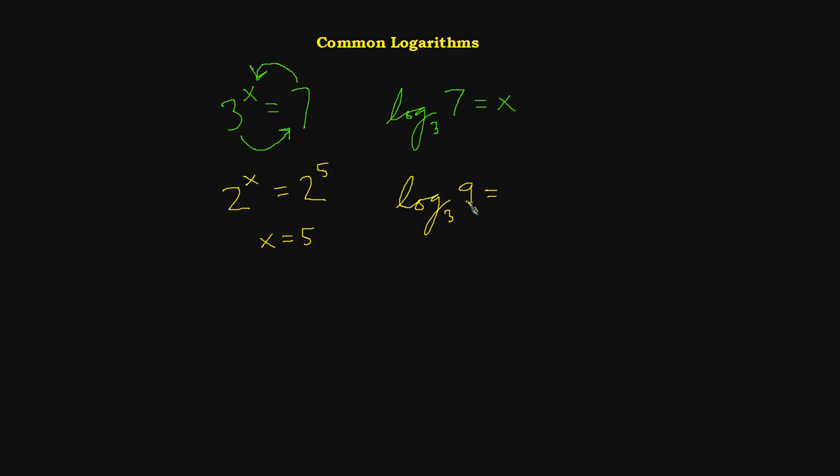That's exactly how we figure out what the value of the whole log is. We say, what's the power of 3 that gets us 9? And if we know the answer, then we know the value of this entire statement. Let me go ahead and circle it. So again, if we know what the power of 3 that gets us 9 is, then the stuff that I just circled, that whole thing, is that value.